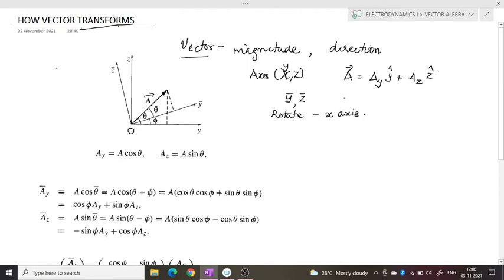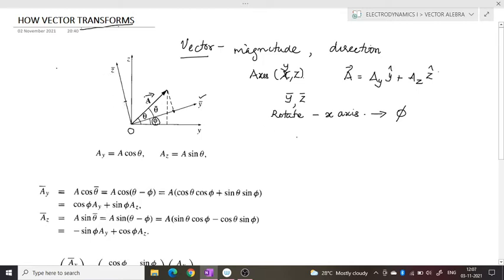So we rotate about the x-axis through an angle phi. Now the components of vector A: here you have the component Ay dash, the component of vector A along the new axis y dash, and here we will be having the z dash component.